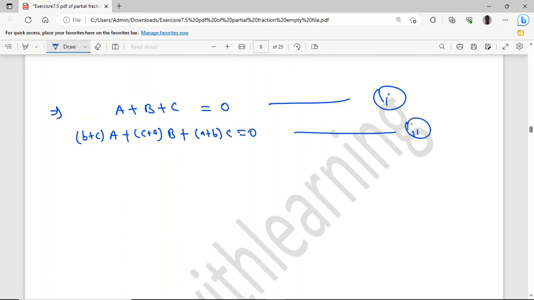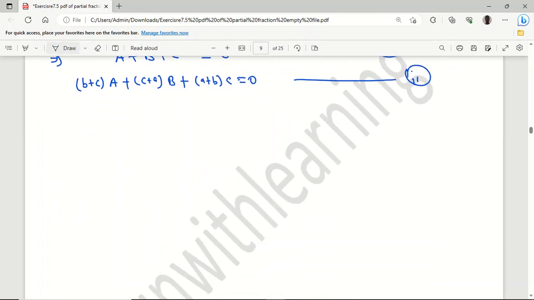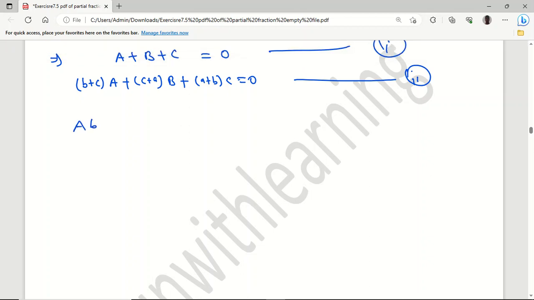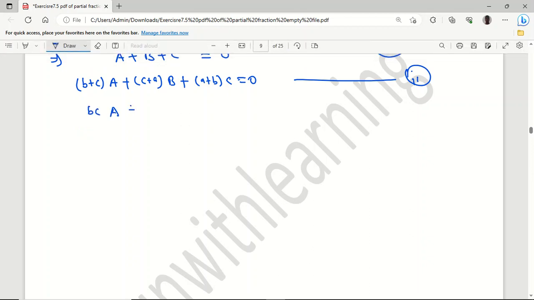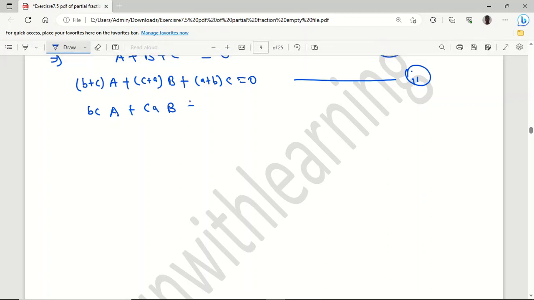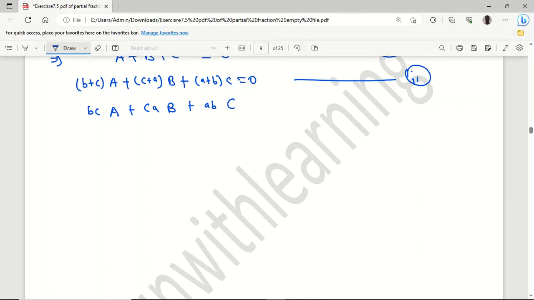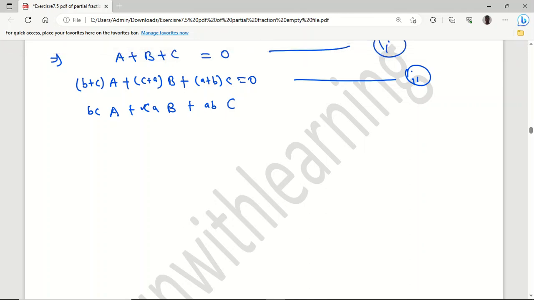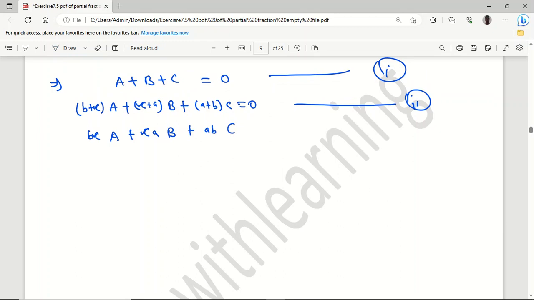This is equation 2. Now the third equation we have: ABC plus BCA plus CAB equal to 1, equation 3. For the smaller c I am writing it like this, otherwise it will be confusing.